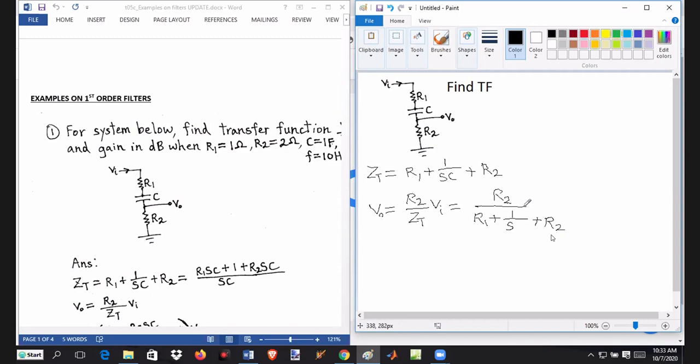You do like this. Of course, don't forget the VI there. There's a VI here. This is how you do it.